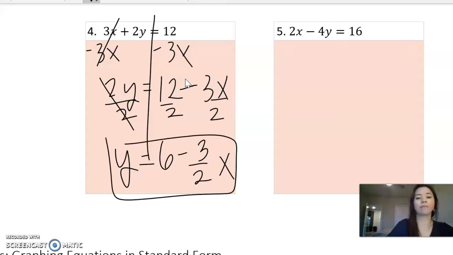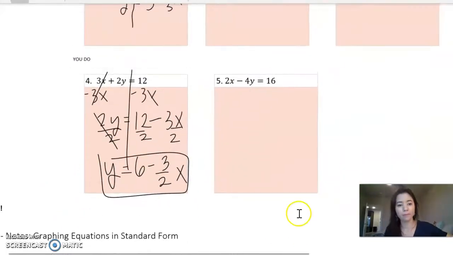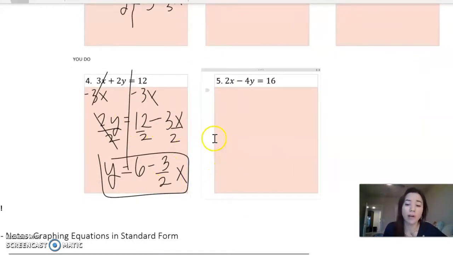And there you have it. Beautiful. Hopefully you did that right. If you didn't, go ahead and pause me, make sure you have the right answer down, and try to figure out where it went wrong and see if you can make sense of how to get the right answer.